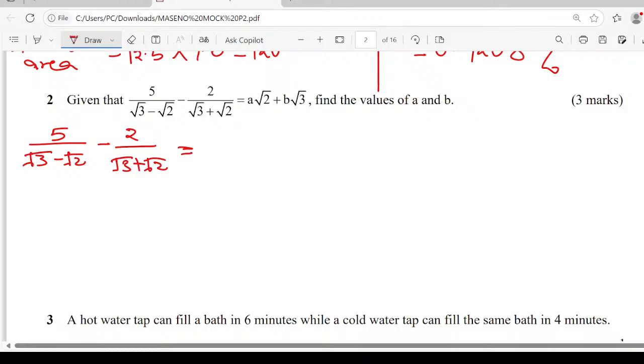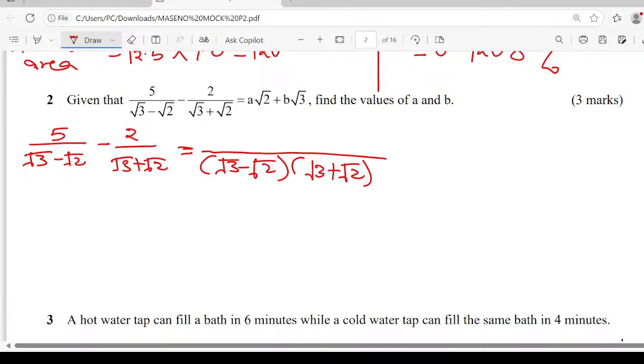So the LCM of our denominators is just going to be the product of our denominators. So we are going to have root 3 minus root 2, then multiplied by root 3 plus root 2. That is our LCM.